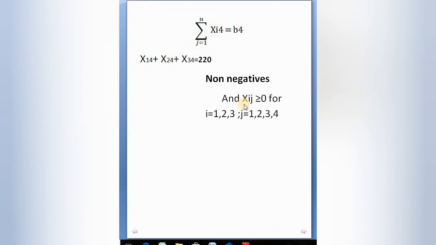We impose in the mathematical formulation that there should be some transportation. So that is non-negative: for i, the origin, i equals 1, 2, 3, and for j, the destination, j equals 1, 2, 3, 4, xij is greater than or equal to 0.